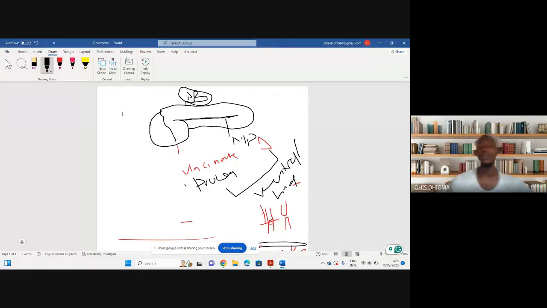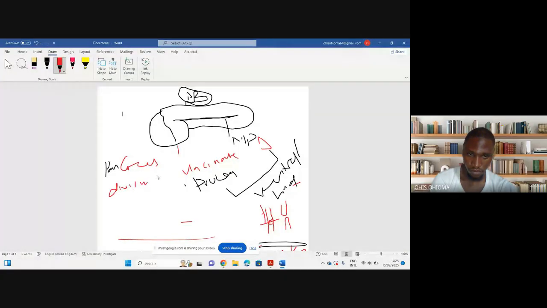Now, what happens in a condition known as pancreas divisum? There's a failure of these two derivatives to come together and combine and form the pancreas. So what will happen is that you would have two separate structures.